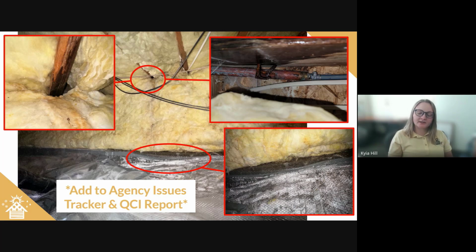Why is there water under there? Because I usually notice water underneath vapor barriers, so I inspect to make sure that it's not something that might be harming the measure. And in this scenario, because it was pulling away that vapor barrier, it's something that we need to address to protect the measure that we installed.